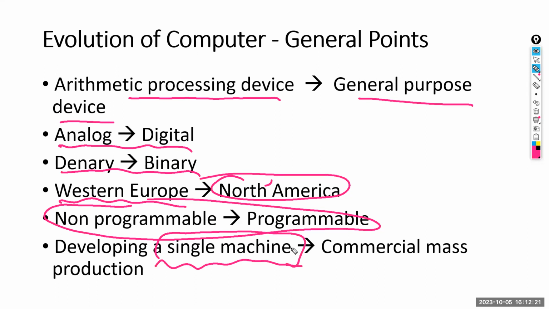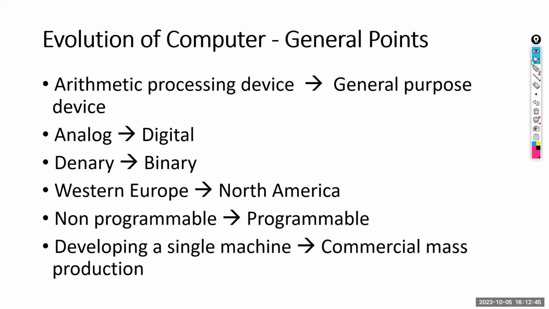It was not popularized among others. But now we have commercial use, so we have millions and billions of computers from different brands. Think about those things. This is not just memorizing things. This is understanding how things gradually came into the modern shape and size.